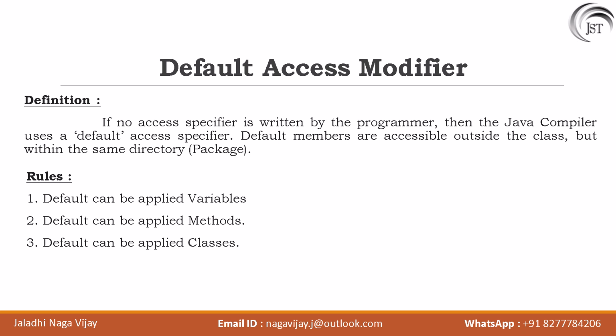Private means you can access inside the class only, not outside the classes. Protected means you can access inside the class, outside the class and outside the package also through the inheritance concept. Default means no need to declare any keyword. The JVM will automatically decide this is a default member. That's why default members are accessible inside the class, outside the class, inside the package only, not outside the package. These are access modifiers.